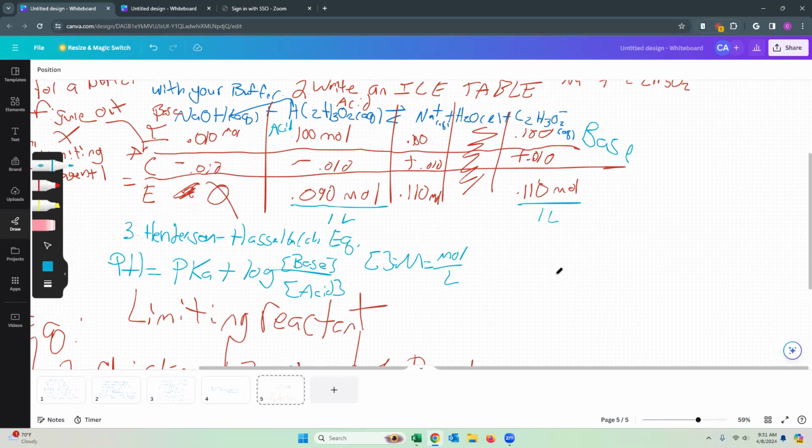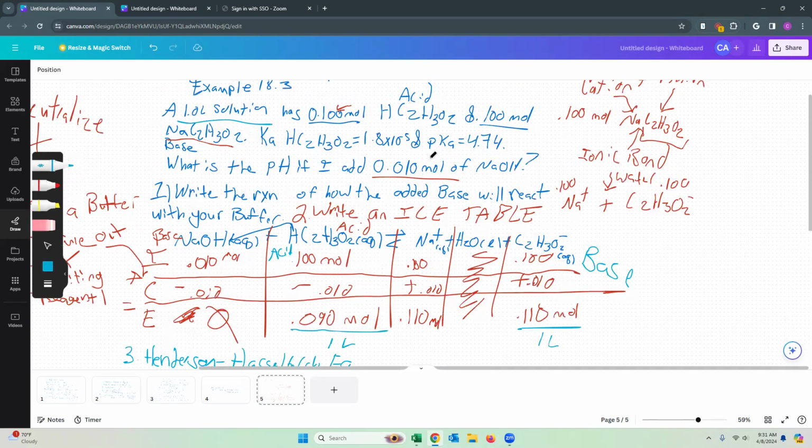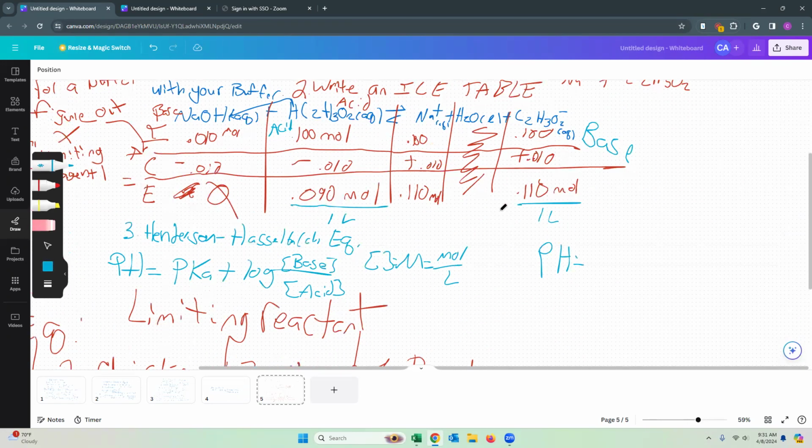And so pH equals pKa, and we were given the pKa already. pKa is 4.74. pH equals 4.74 plus the log. Our base is 0.110 divided by 1, which is 0.110, divided by our acid, 0.090.